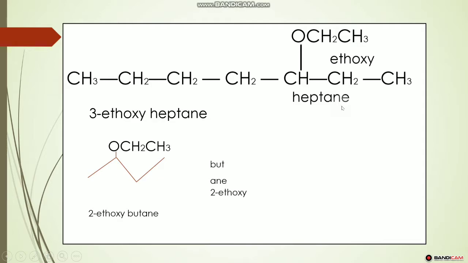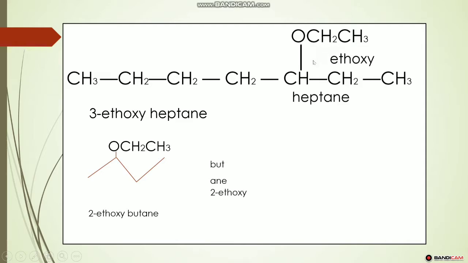And let's find out where the substituent is located. We need to assign the substituent the lowest number possible. So in numbering, we will start from right to left. This will be number 1, number 2, number 3, number 4, number 5, number 6, and number 7.